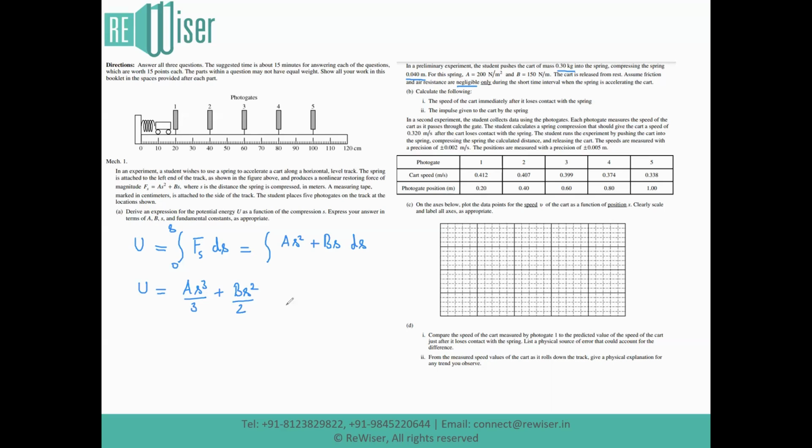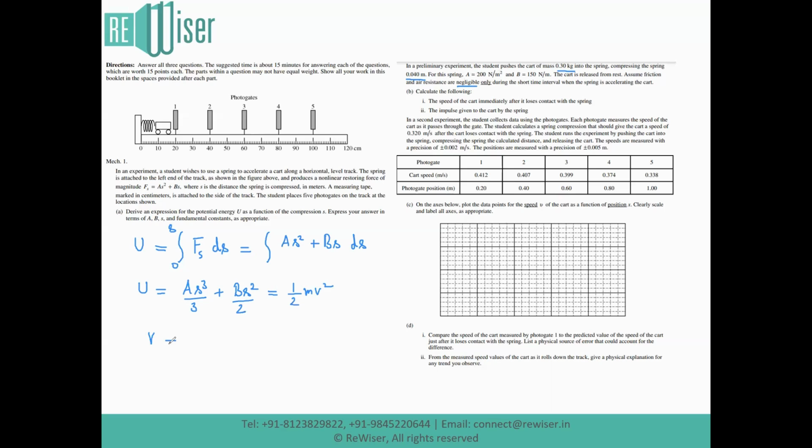Assume friction is negligible, which means there is no loss of energy. If there is no loss of energy, the potential energy stored in the spring is converted into kinetic energy, half m v squared. The substitutions are m is 0.3, s is 0.04, a is 200, b is 150.